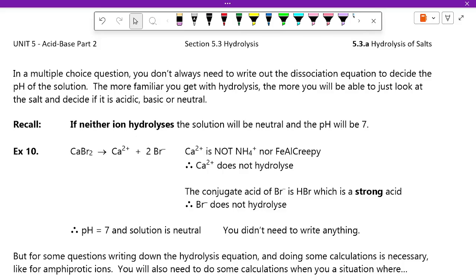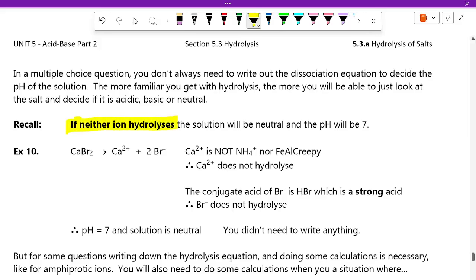So example number 10. If, recall, if neither ion hydrolyzes, the solution will be neutral and the pH will be 7, okay?